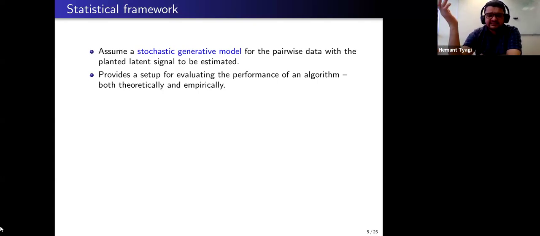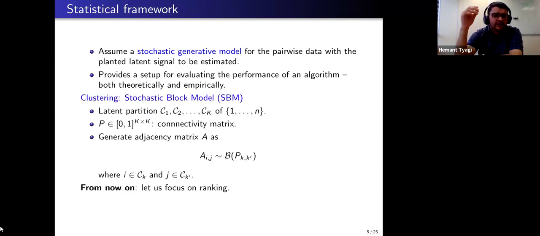And having such a statistical model is not artificial because it provides a very principled setup for evaluating the performance of any algorithm, not only theoretically, of course, but also empirically. So if you design a method, it provides a really nice playground to evaluate your method against other methods, where you have this well-defined ground truth and you can calculate the estimation errors and evaluate the performance of algorithms, right? So a stochastic generative model is really important.